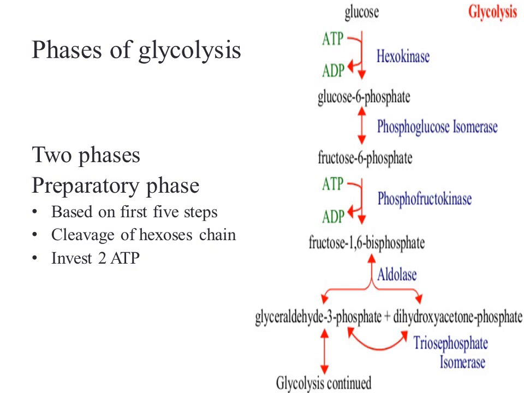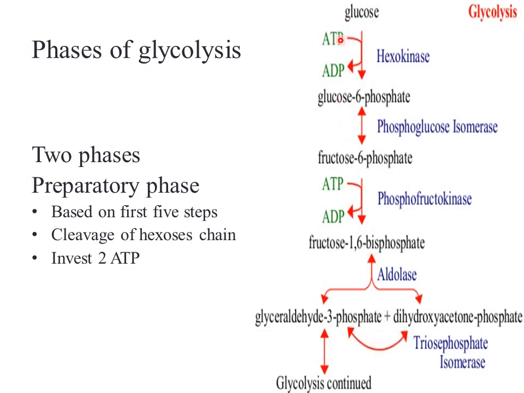The first phase is based on five steps that involve the cleavage of hexose sugars into simple compounds, and in these five steps, to get initiated, two molecules of ATP are utilized.